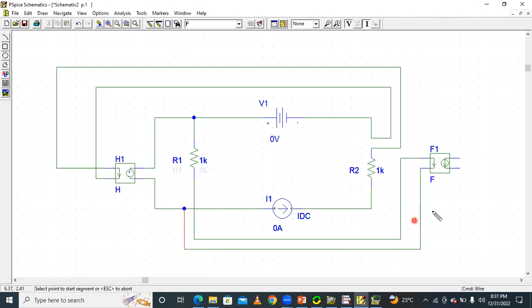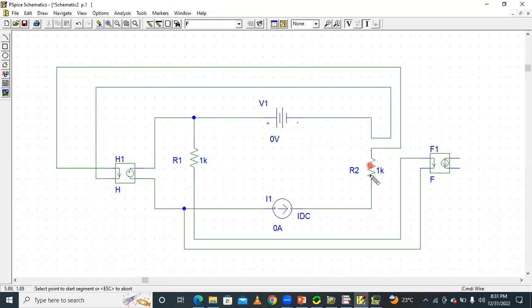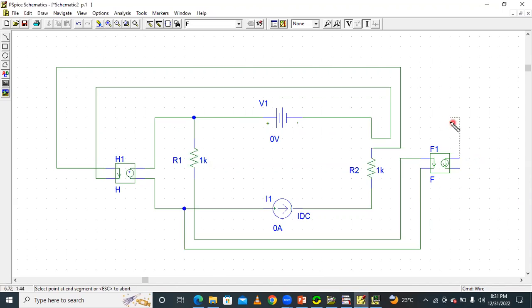So like this we have to connect. Next, the 2Iy source is connected exactly parallel to the 2 ohm resistor. Connect this current source exactly parallel to this resistor, with one terminal connected like this and the other side this way.